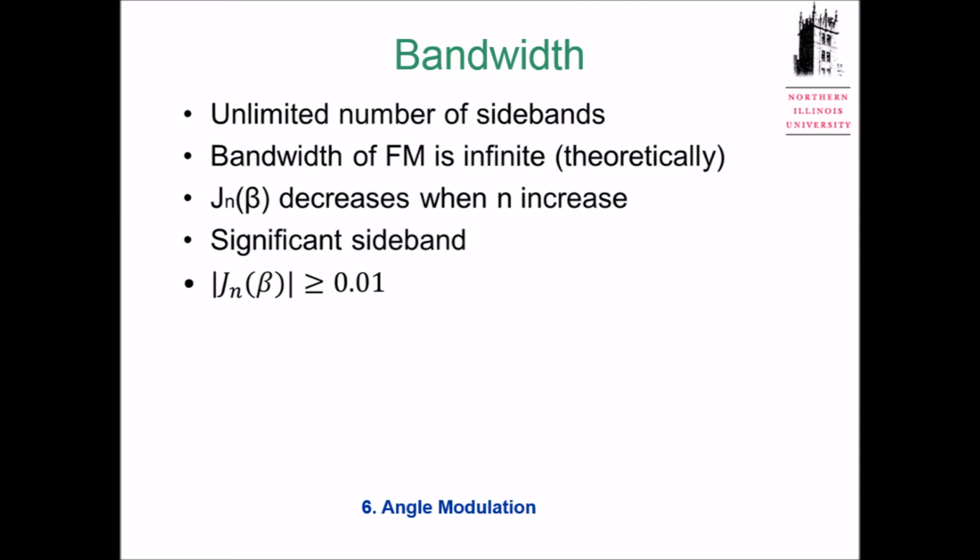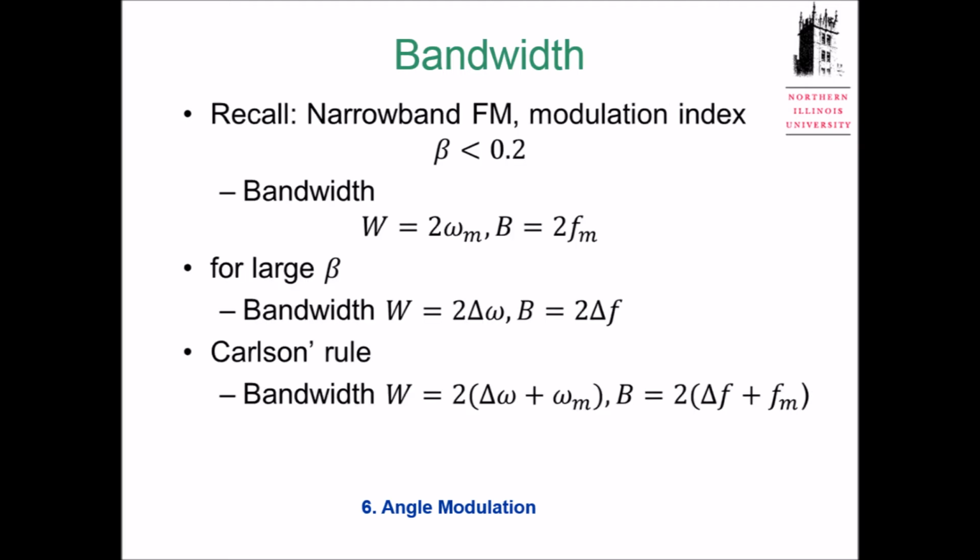Bandwidth. We know bandwidth also changes when beta is different. The most accurate way is to use significant sidebands. However, it's not so straightforward, so we have three different equations. Last time we talked about three sets of equations: small beta, large beta, and beta in between.